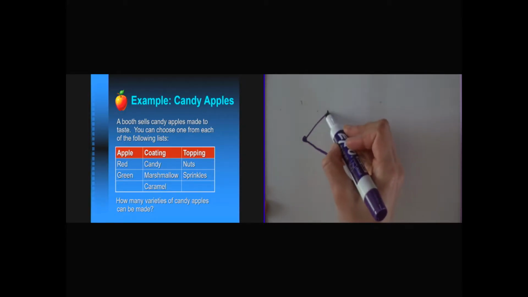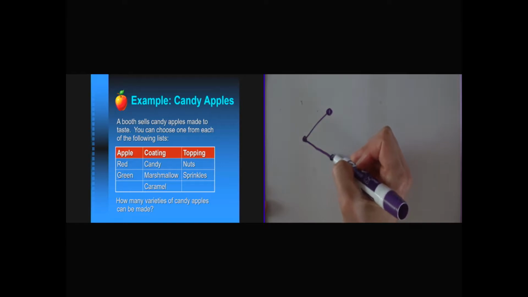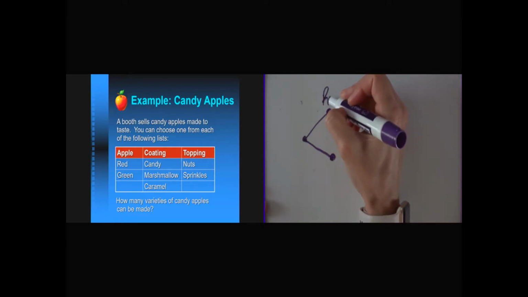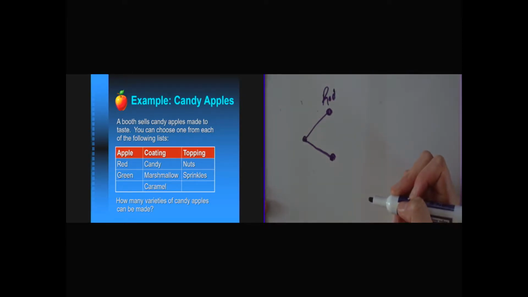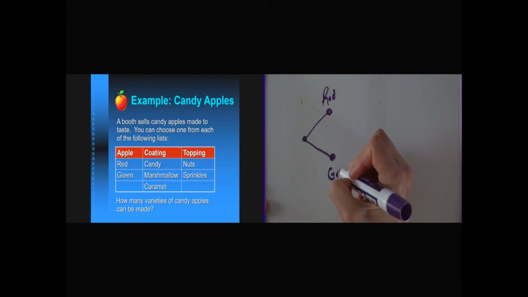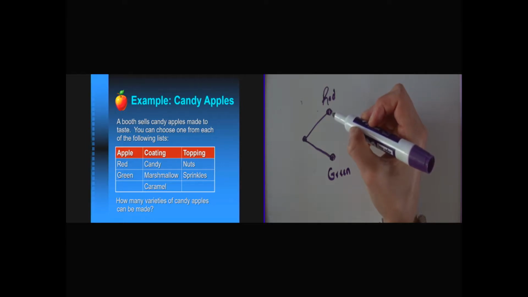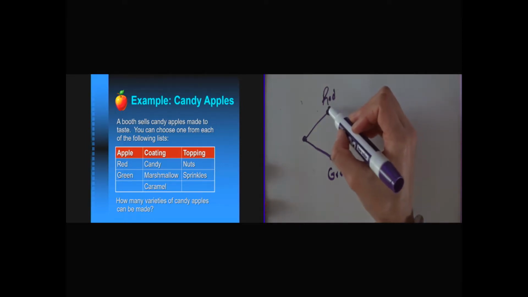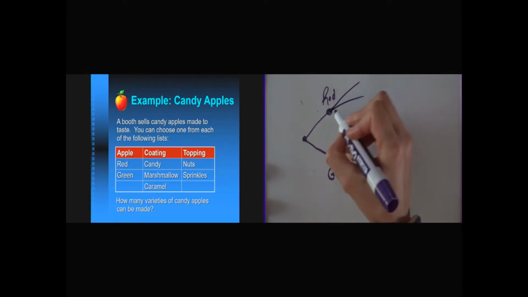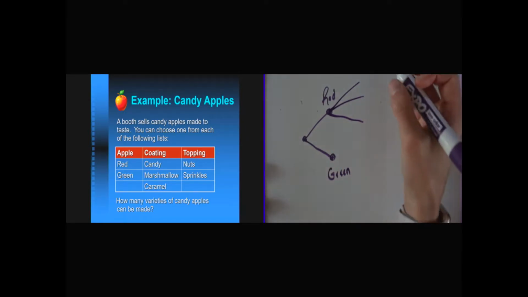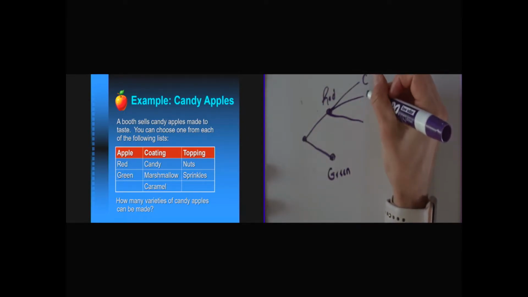So from the beginning, you can either choose to have a red apple as the base or a green. And then from there, you can have it dipped into some type of coating. If you get the red apple, you can get one of three types of coatings. You can get candy, you can get it dipped in marshmallow or caramel.